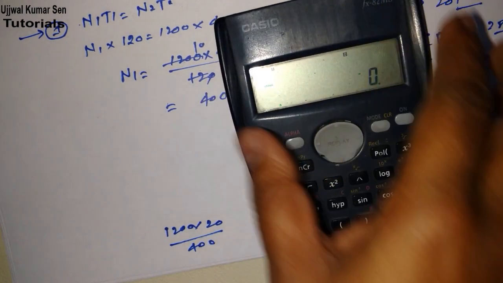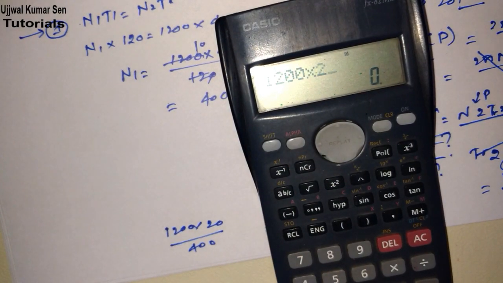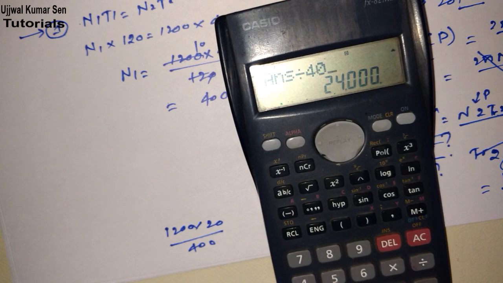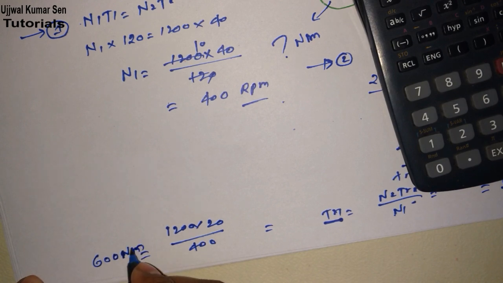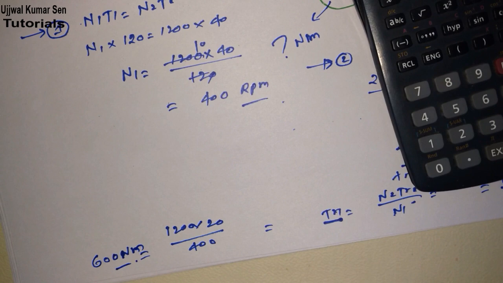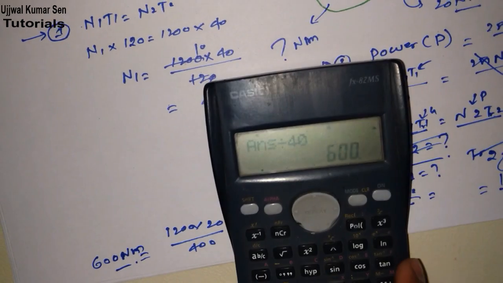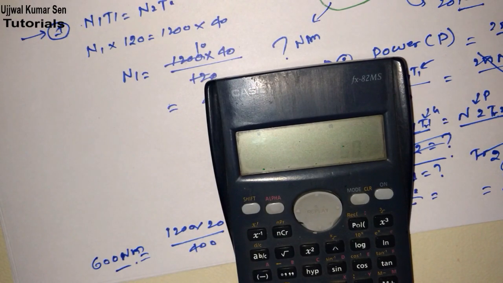Now use the calculator, 1200 multiplied by 20 divided by 400. So what exactly are we getting here, 600... yeah, I have to divide by 10.